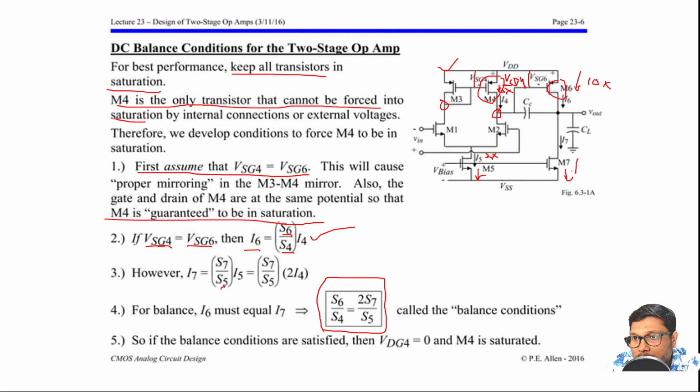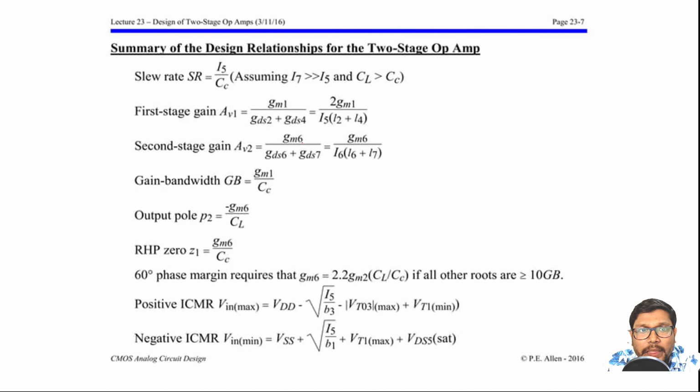So in this part it should be 5 times, so the multiplier here will be 10, and the multiplier here will be 5. So whatever multiplier you use here, half of that you will use here. This is to satisfy M4 being in saturation.